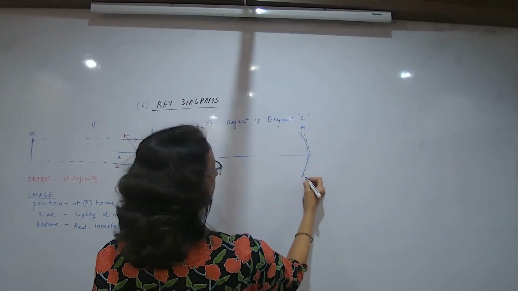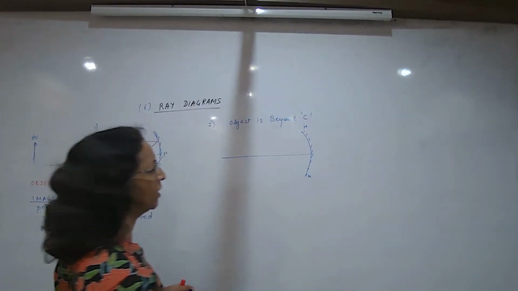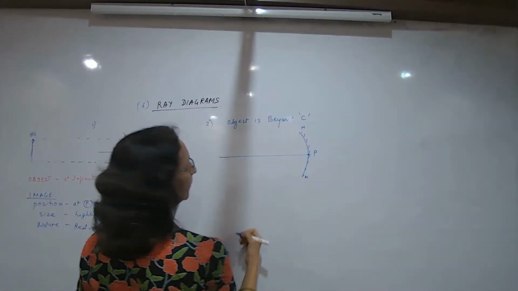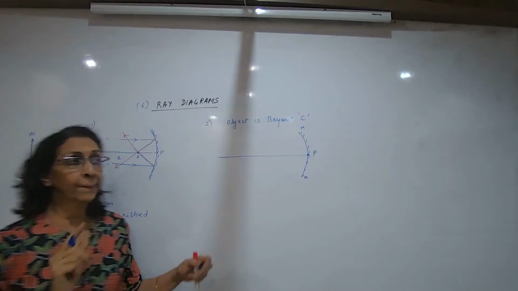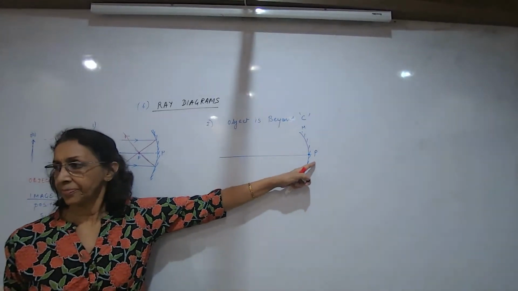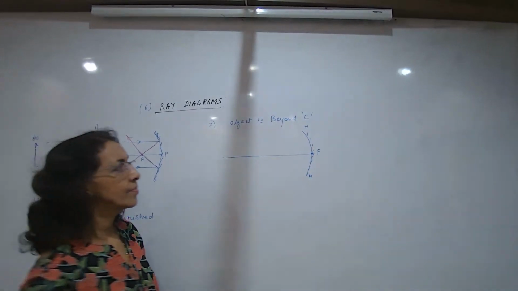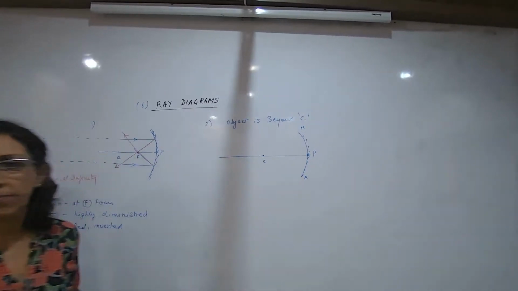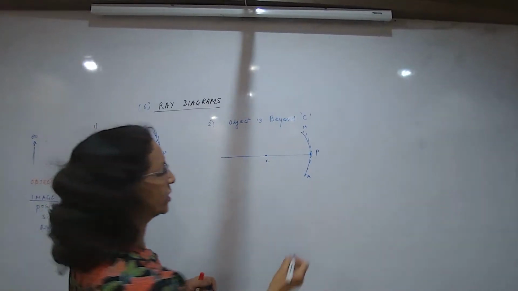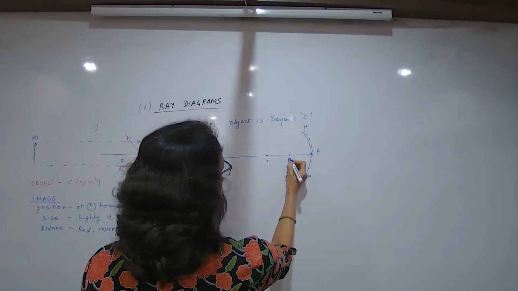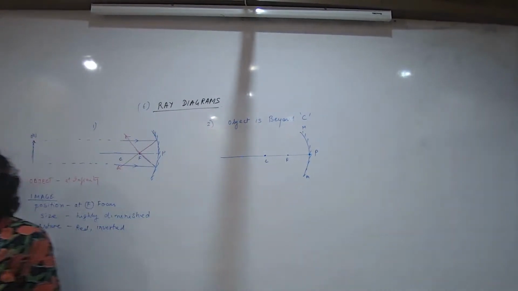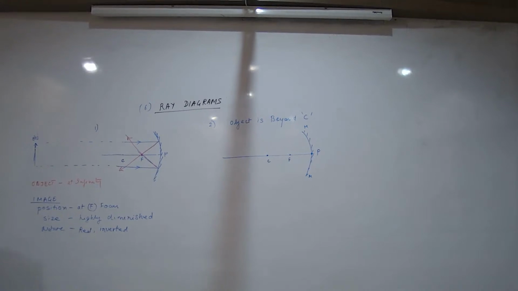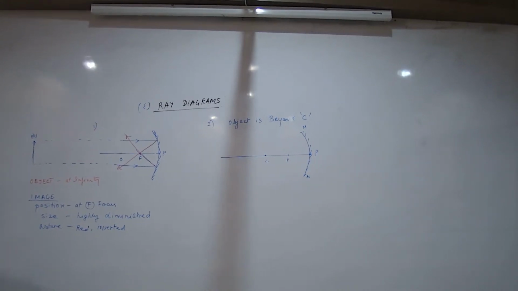You can write it as M dash, which is your concave mirror. What is P? The pole. C, the center of curvature. F, the focus. So this is going to be your starting diagram for any of these ray diagrams.